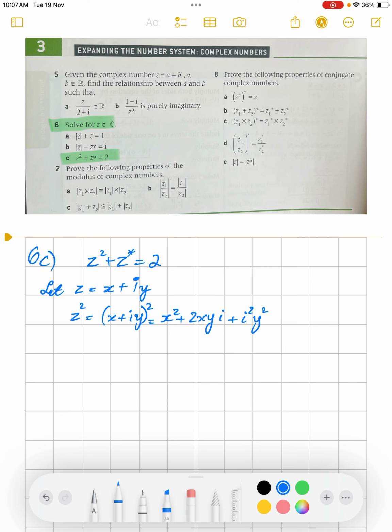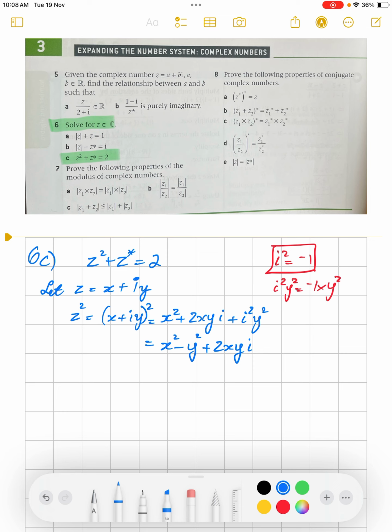Now, since i squared is -1, i squared y squared is -1 times y squared, so we'll put a negative y squared there. So z squared is x squared minus y squared plus 2xyi.